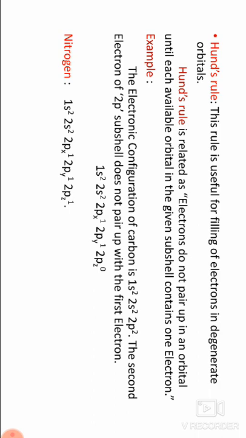Configuration of copper, atomic number 29. The predicted configuration of copper is 4s2 3d9. Copper atom gains extra stability by having its d subshell completely filled.